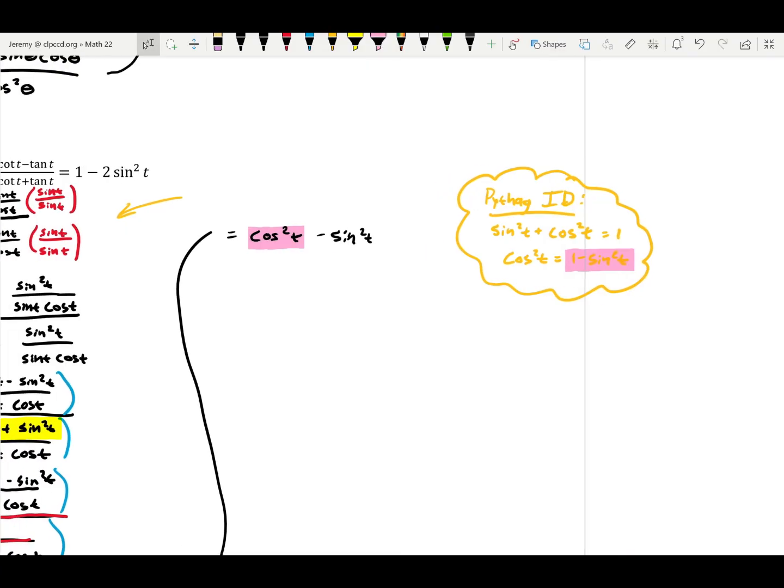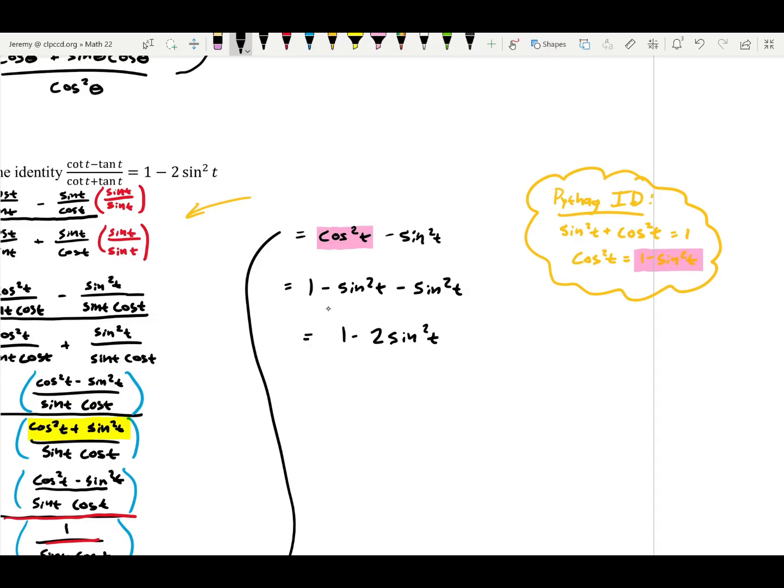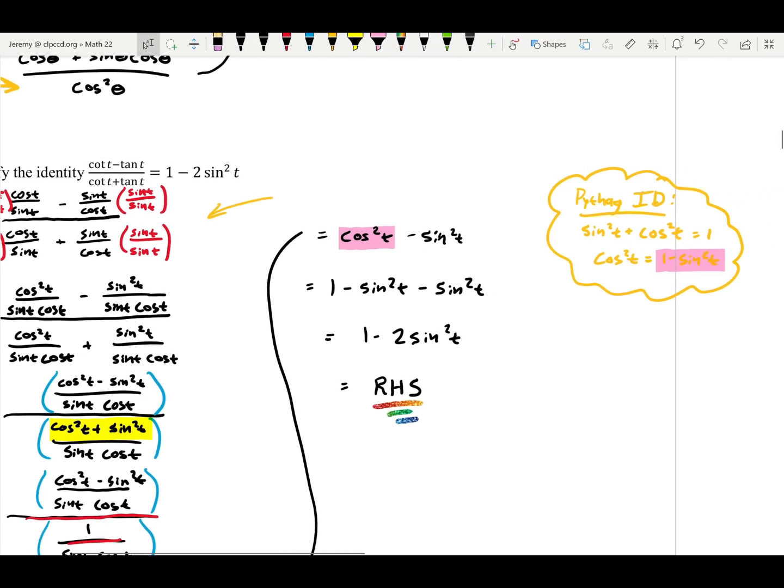And I'm feeling pretty good about that because that gives me the 1 and my extra negative sine squared t that I'll need. And that will bring me to 1 minus 2 times sine squared t. And we've done it. We have reached the right-hand side. So we have verified this identity.